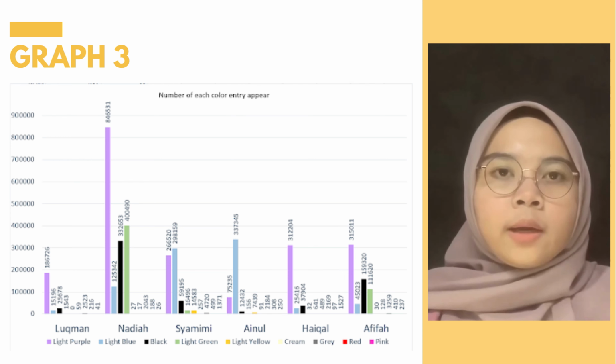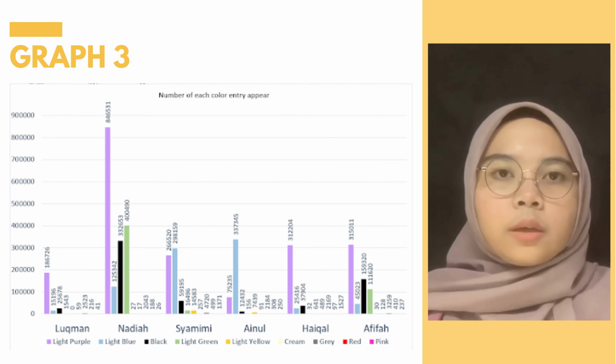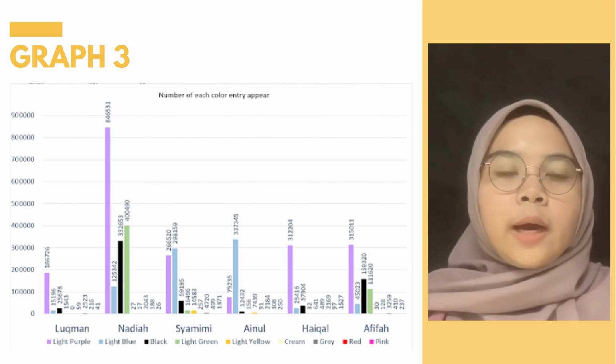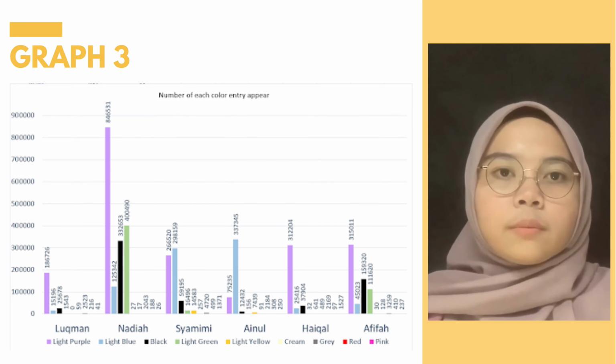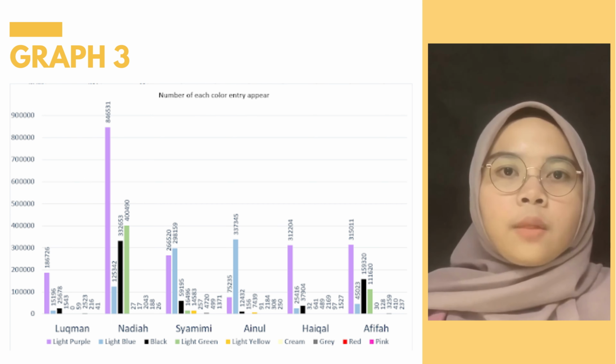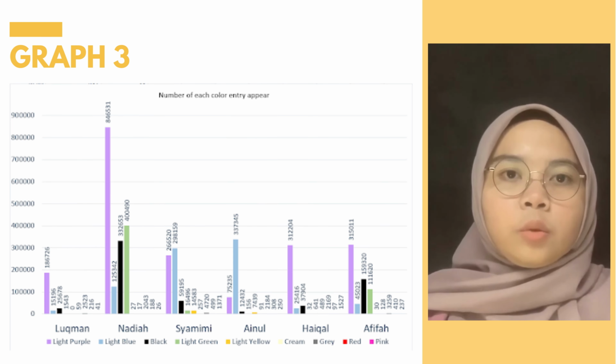Then for black, Nadia gets the highest, which is 332,653, while the lowest is Ainul, 12,432. For the light green, we have Nadia again as the highest, with the value 400,490. The lowest is Haikal with 32.